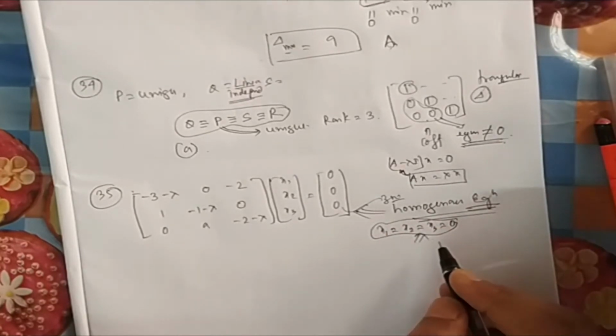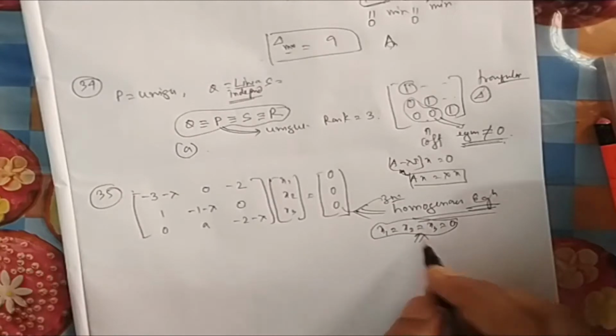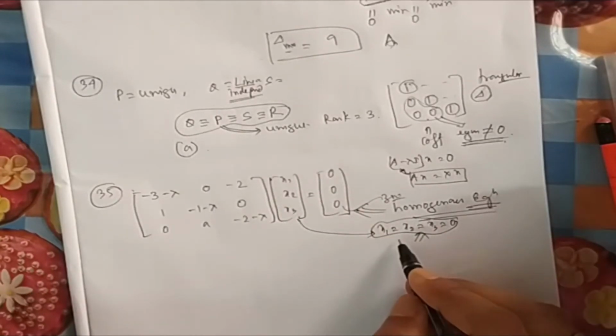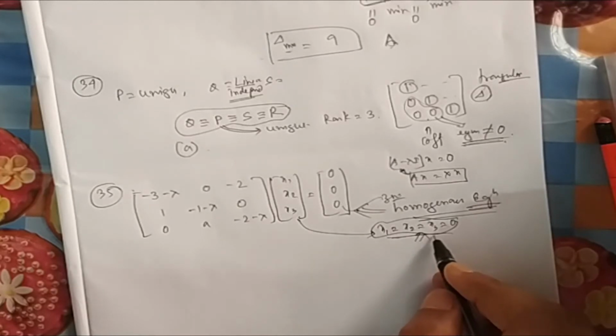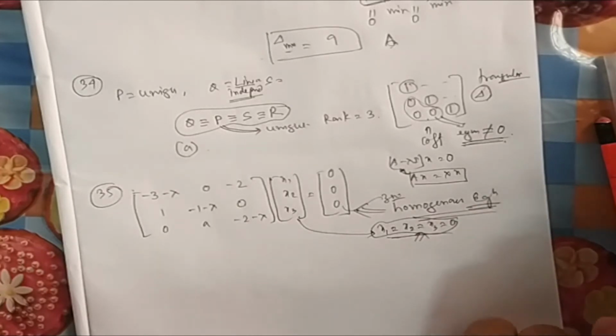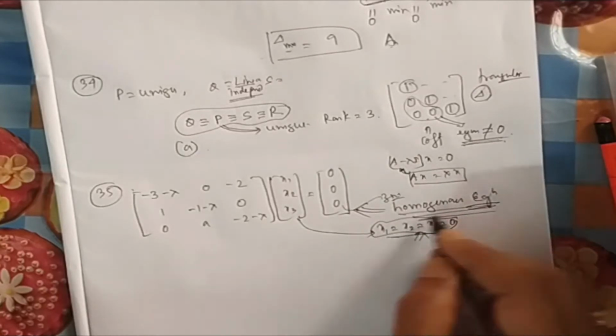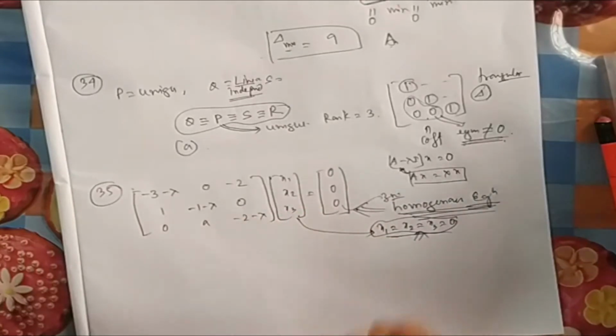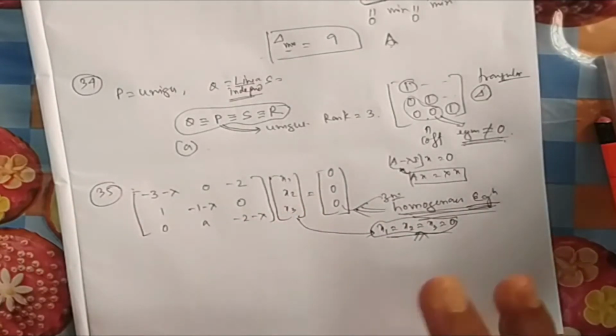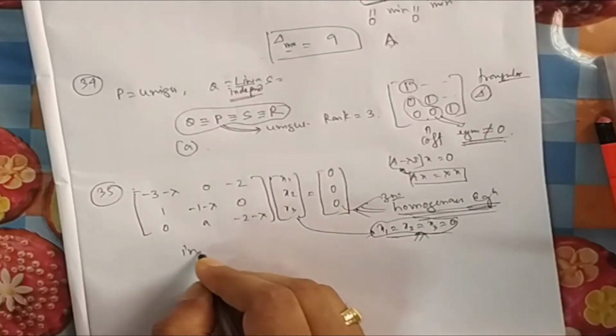But you need linearly independent eigenvectors. This is not a linearly independent eigenvector, or you are not getting more than one, all are 0. That is only one solution. So what do you need in homogeneous equations? For having 3 linearly independent eigenvectors, you need 3 answers, so you need infinite solutions.